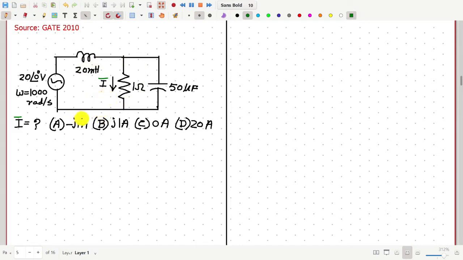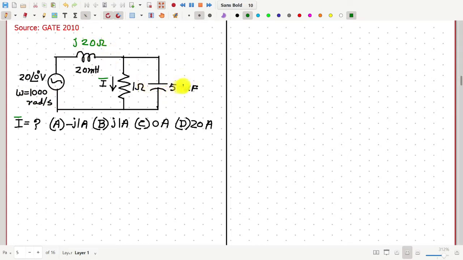First, find out the impedance of this inductor, which will be j omega L. Omega is given as 1000 and L is 20 milli, so this will come out to be 20j ohm.